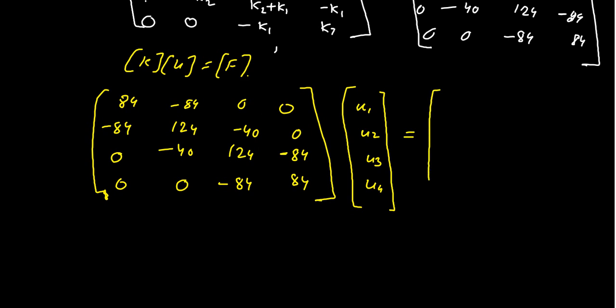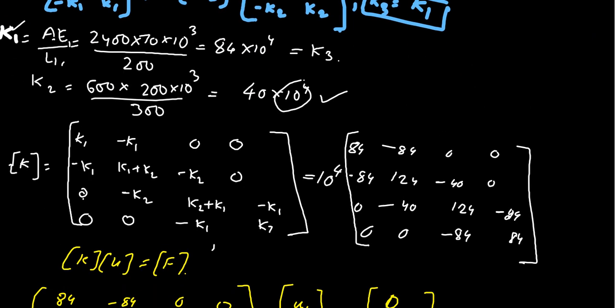Now for F2, the force is applied at node 2, that is 200 into 10 power of 3 as given. 200 into 10 power of 3 means it is 2 into 10 power of 5, then directly write again 0, 0. And one more thing here: for this global stiffness matrix, 10 power of 4 is outside the matrix, so we forgot to include it.